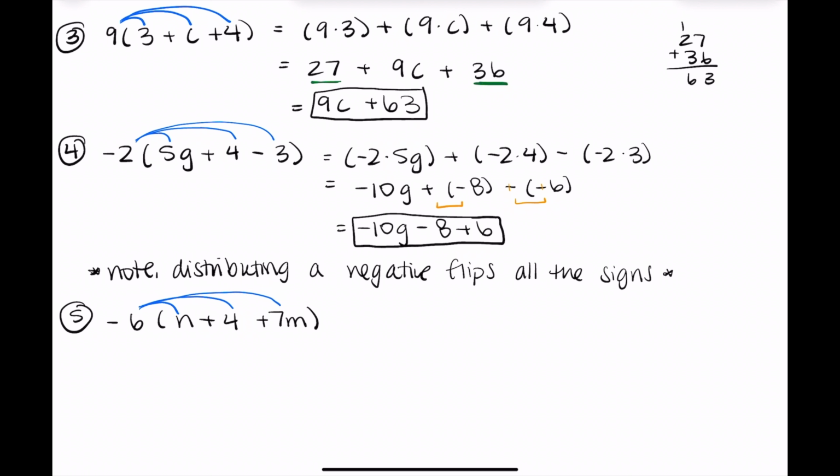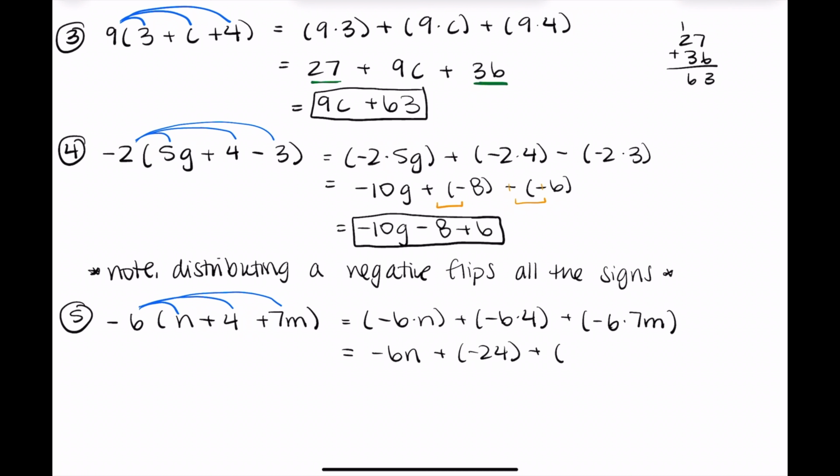For number 5, we have negative 6 times n plus 4 plus 7m. So we will distribute that negative 6 to the n, to the 4, and to the 7m. And when we distribute, we would have for our first set of parentheses, negative 6 times n, plus our second set of parentheses would be negative 6 times 4, and then our third set of parentheses will be adding again negative 6 times 7m.